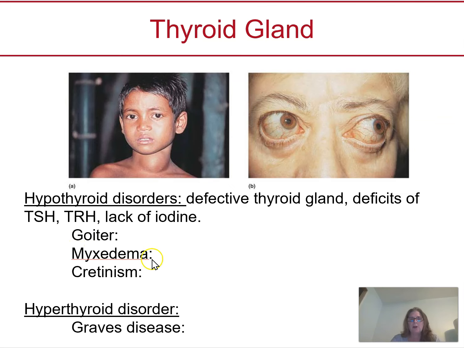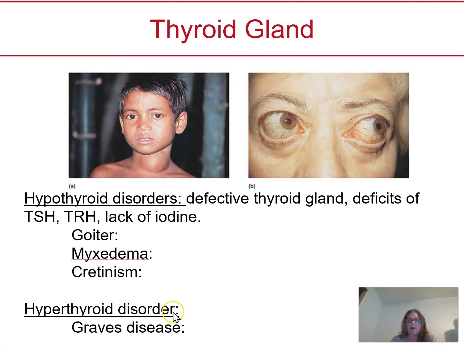Now, you can have this occur as an adult. It's called myxedema, a generic term for hypothyroidism as an adult, whereas cretinism is hypothyroidism in childhood. The issue during childhood is that growth and development will be affected. A lot of times the child will be smaller and it could have neurological consequences and improper development of the brain.